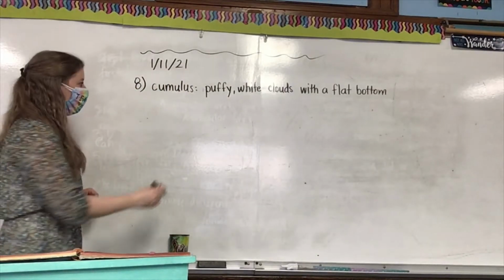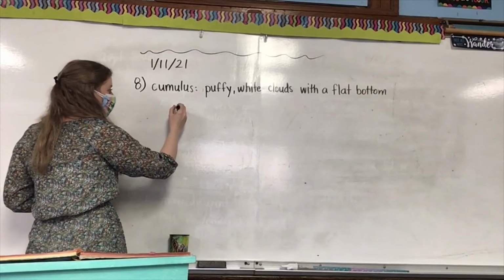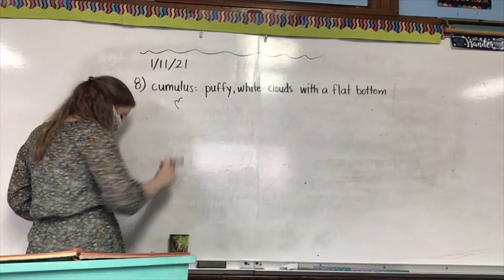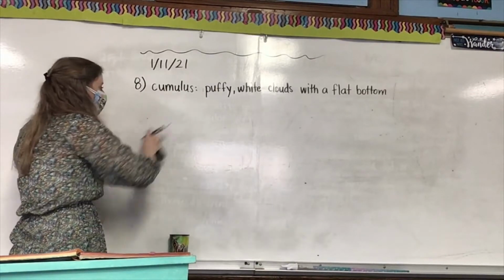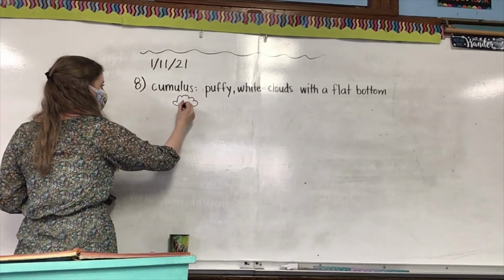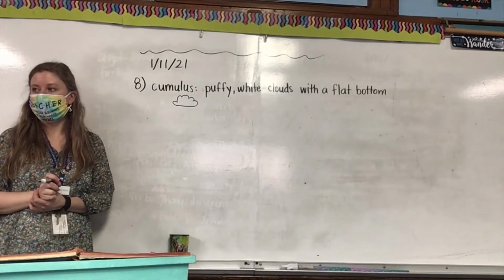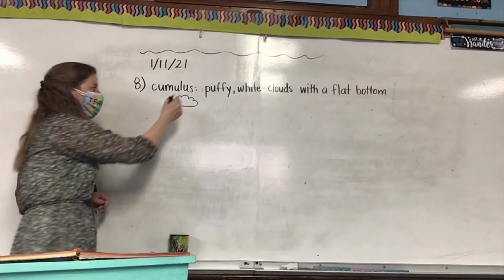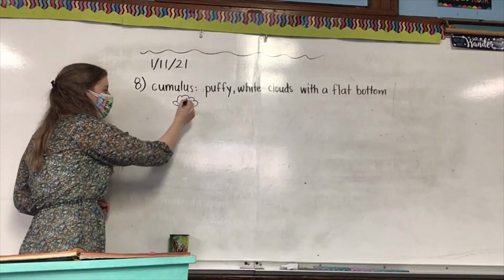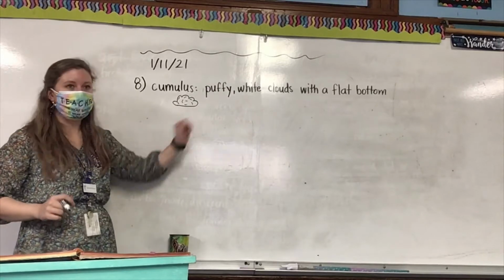So let's draw a picture. Not a huge picture so that you have space. They're the ones that look like this. They're puffy and white, but they have a flat bottom.